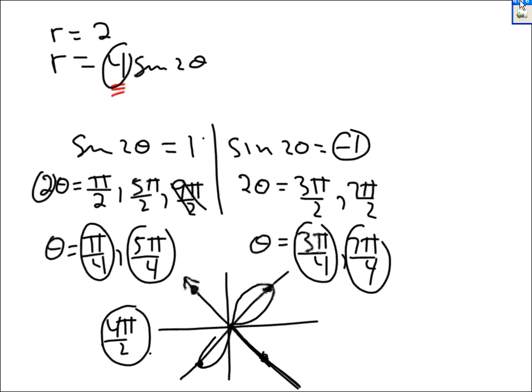So we get 4 petals. We get that graph. 2 times that number, we get 4 petals, at the pi over 4s. Try to erase this again.